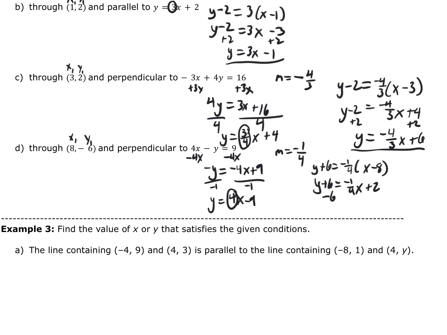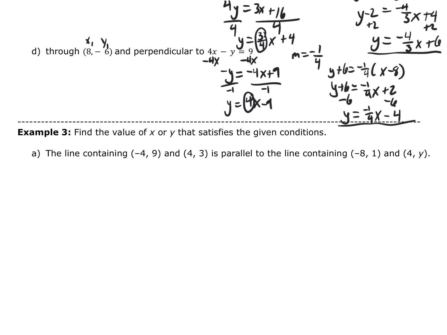And then we subtract 6 from both sides to get y equals negative 1/4 x minus 4. And that is the equation of the line that is perpendicular and goes through that point.